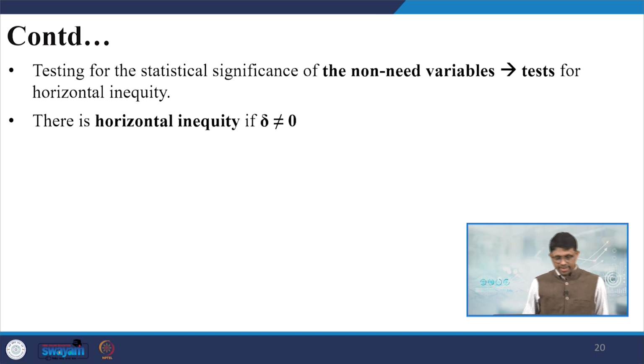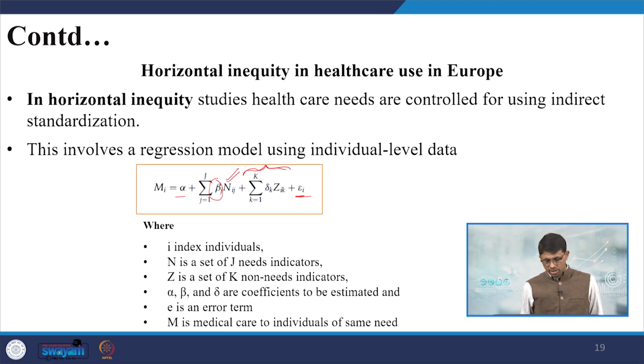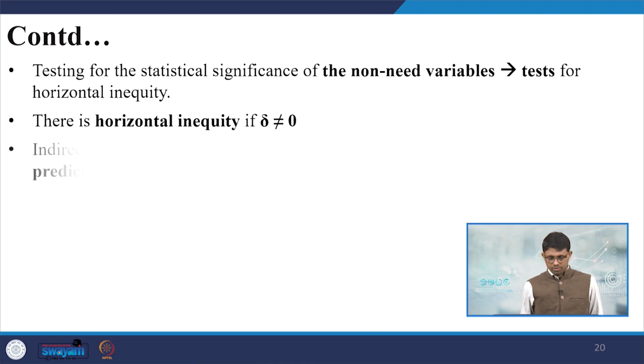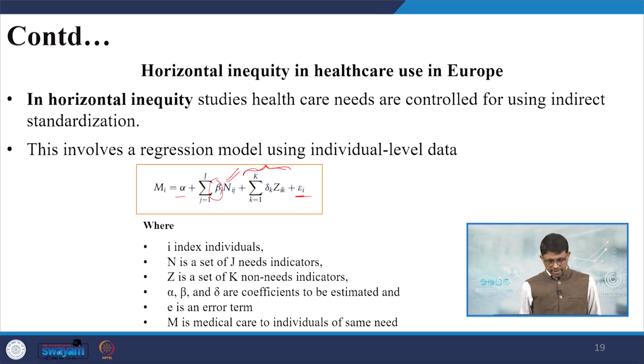How do they actually do this? They test for the statistical significance of the non-need variables, and a test for horizontal inequity is made. There is horizontal inequity if that delta value is non-zero. Alpha, beta and delta are coefficients, as mentioned.